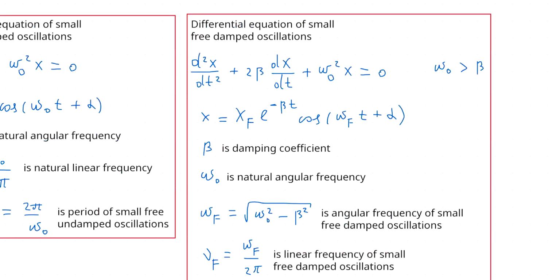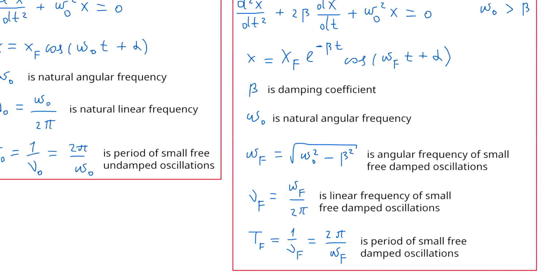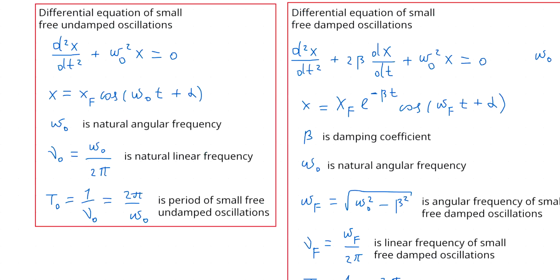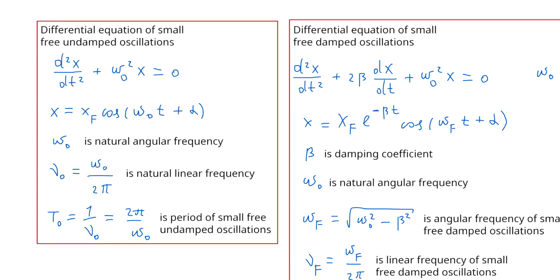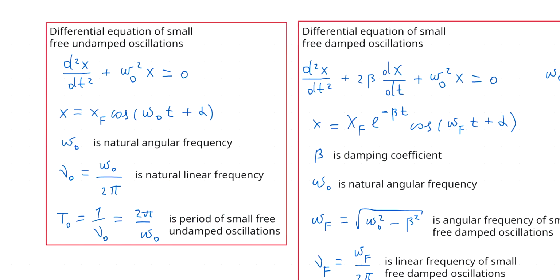Okay, so let's return to our equation. You can see that the difference between these two solutions is that here we have e to the power of minus beta t.